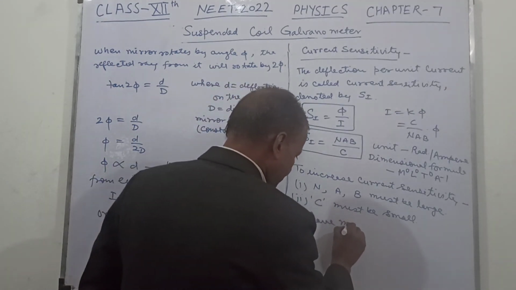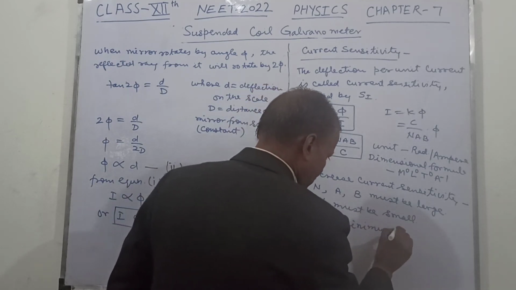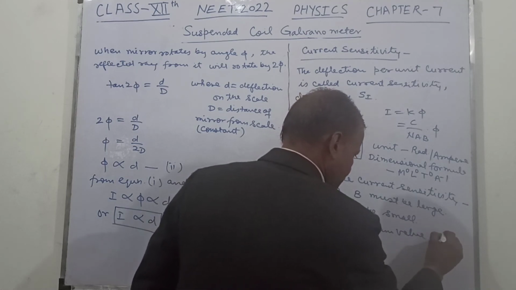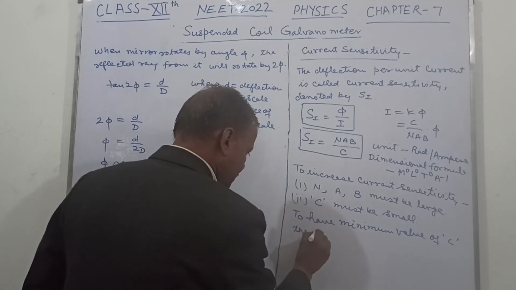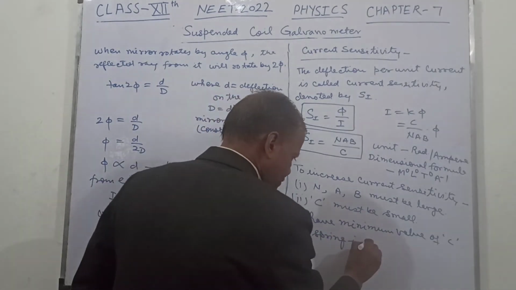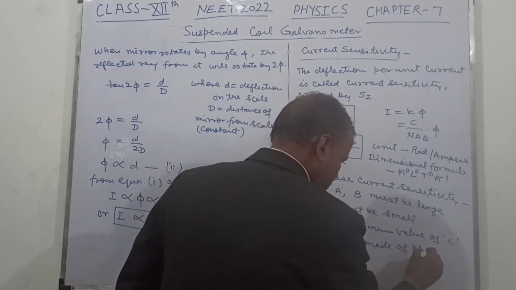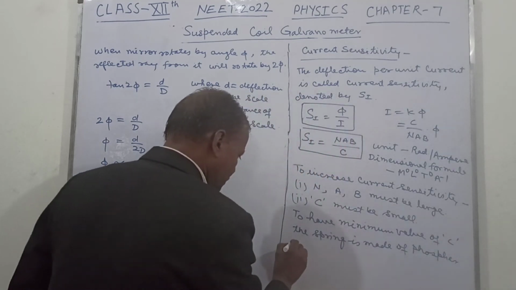To have the minimum value of C, the spring is made of phosphor bronze wire.